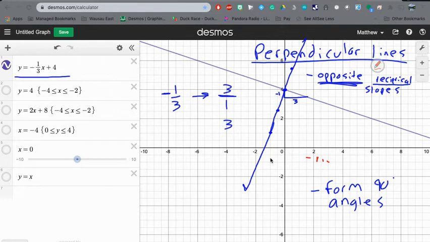And then the key, the way to check you did it right, is to check that all 4 angles are 90 degrees. So with perpendicular lines, opposite reciprocal slopes, and you're going to form 90-degree angles when they cross.